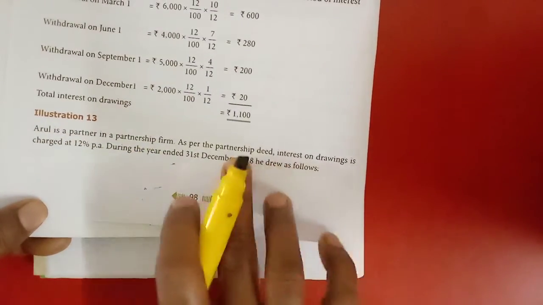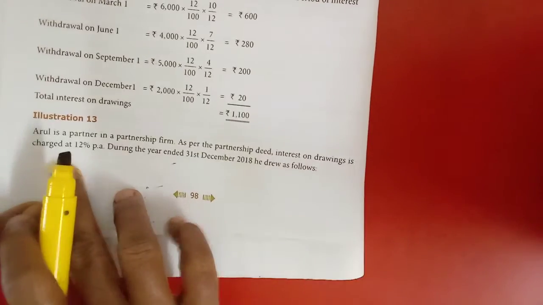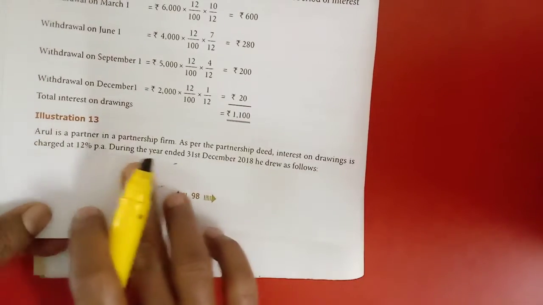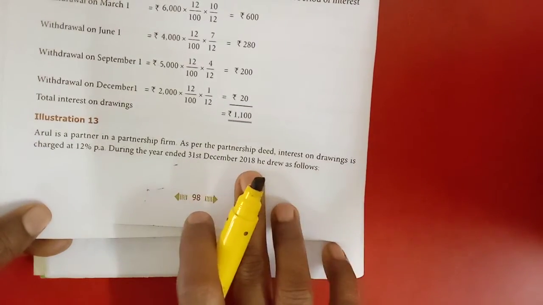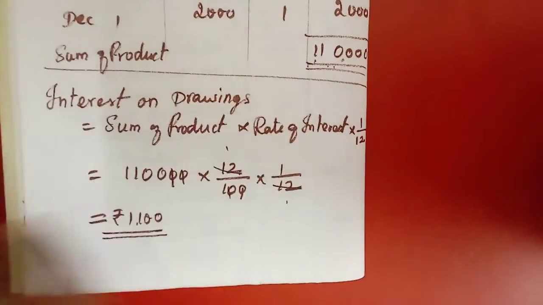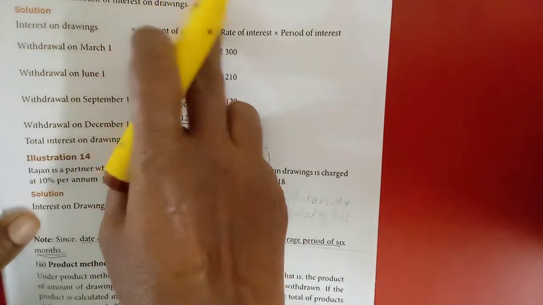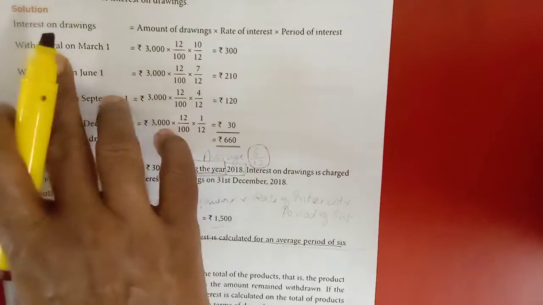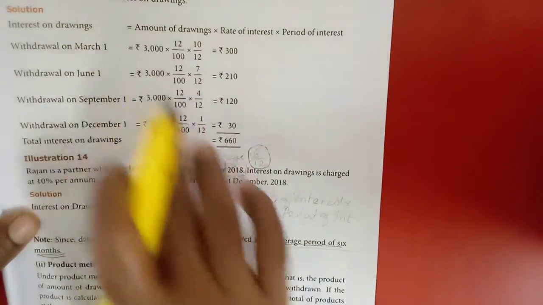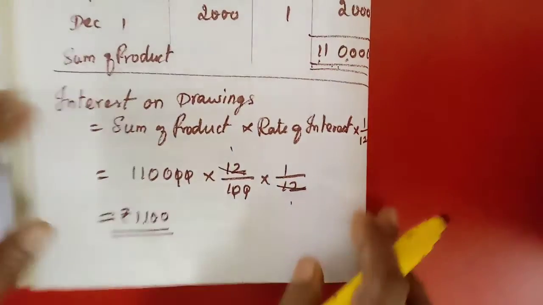As per the partnership deed, interest on drawings is charged at 12%. During the year ended 31st December, he drew as follows: March 1, June 1, September 1, December 1. Calculate the amount of interest on drawings. Now we will calculate under the product method, just as a check.